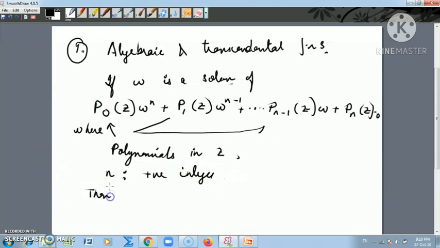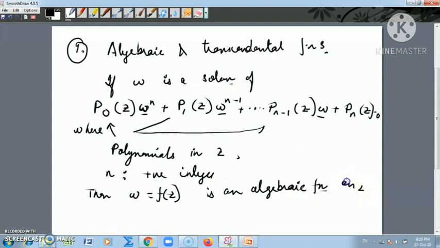Then what is W? The whole equation is in the variable W, so when I get W, it will obviously be a function of z, and if it is of this type, it is an algebraic function of z.